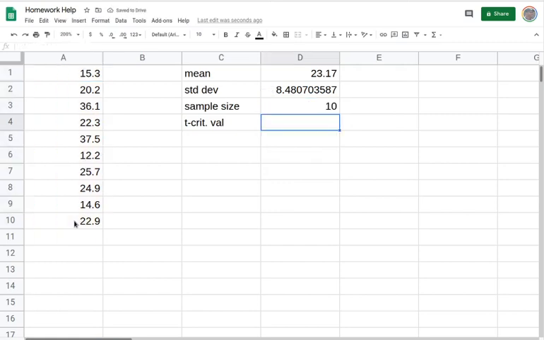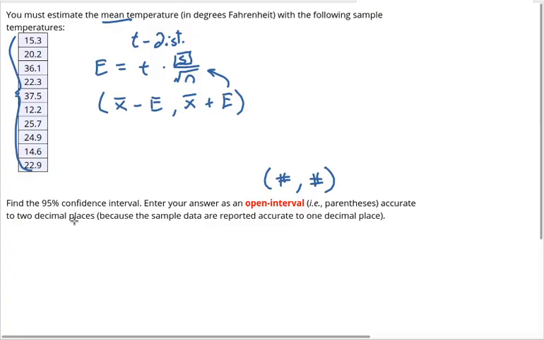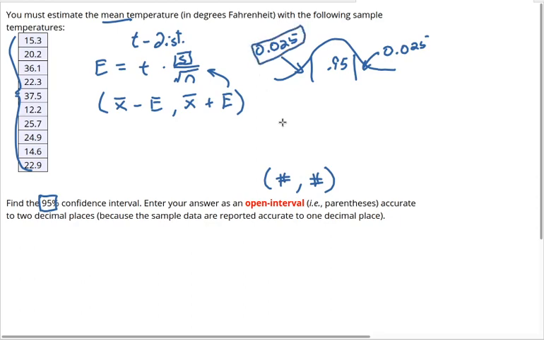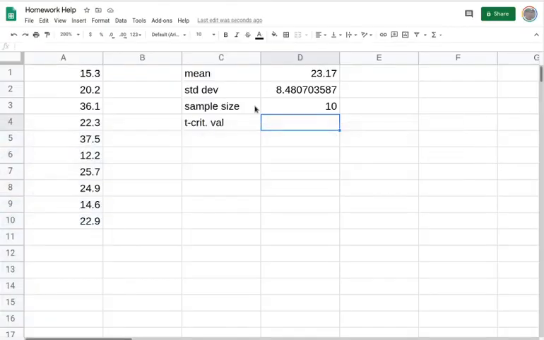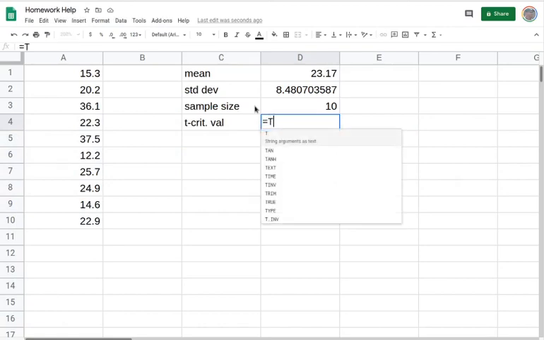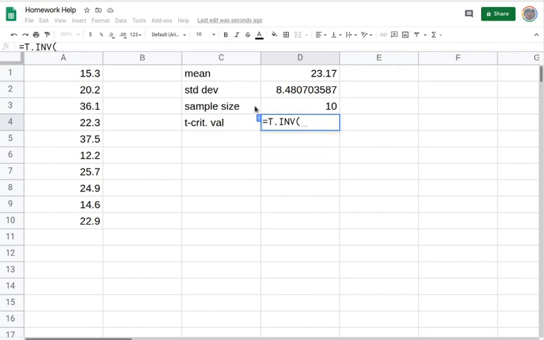Now to get the critical value, I need to know what my confidence level is. That is 95%. So that would, on a bell curve, on the T distribution, I'd have 95% in the middle, and that leaves me with 5% for the 2 tails, or 0.025 in each tail. So altogether, this should all add up to 1. So knowing that there is 0.025 in one tail, I'm going to come back to my spreadsheet and use the t.inv function, and I'm going to plug in 0.025.